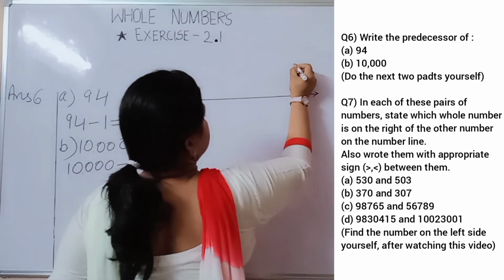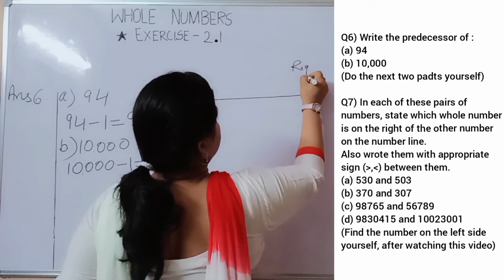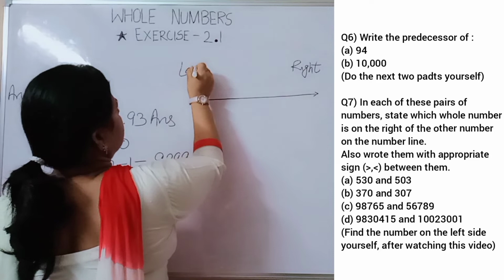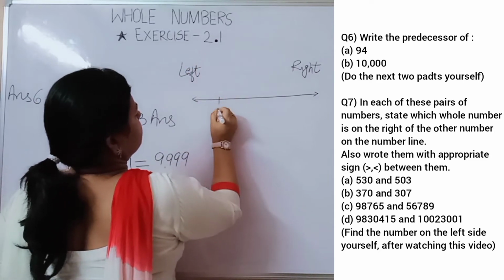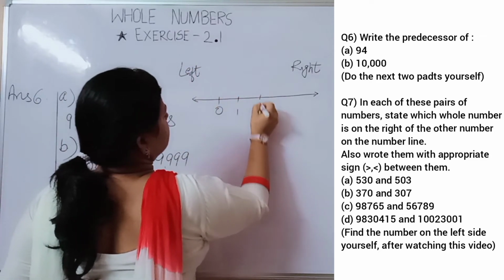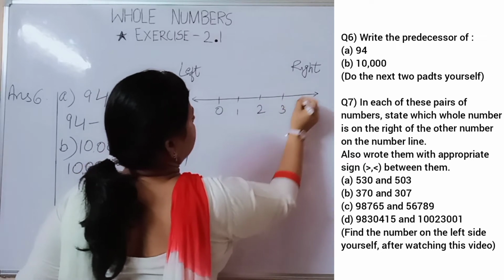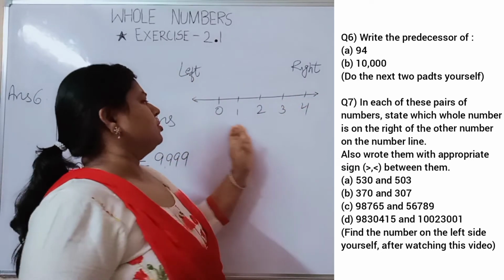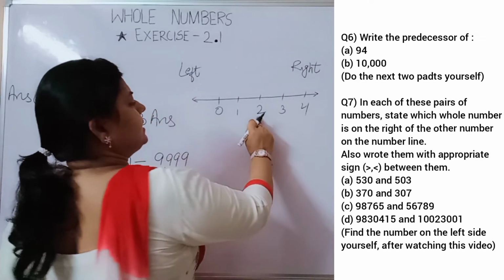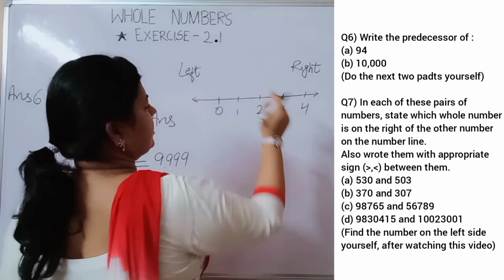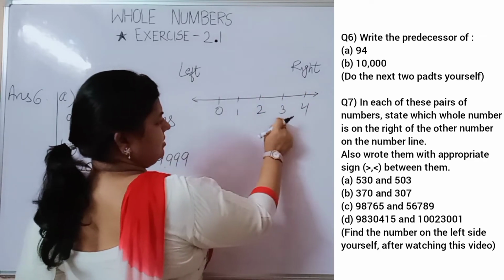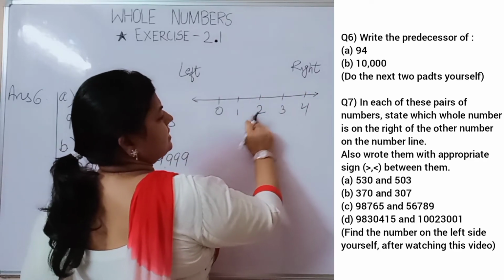This is the right side and this is the left. 0, 1, 2, 3, 4. When we go to the right side, the number increases by 1. It means 4 is greater than 1, 1 is less than 3 and 2 is less than 4.